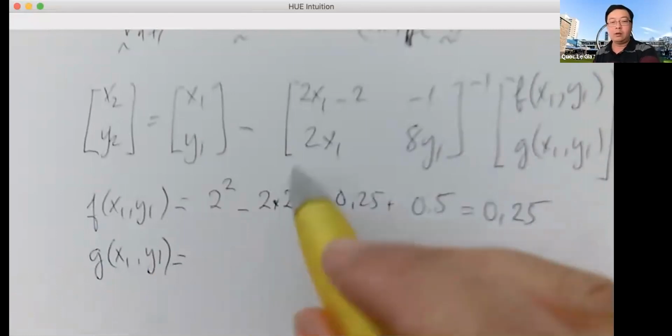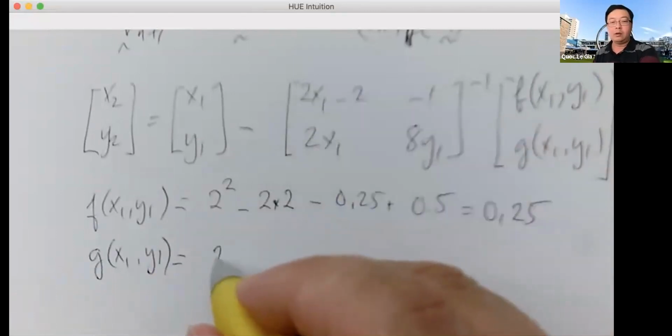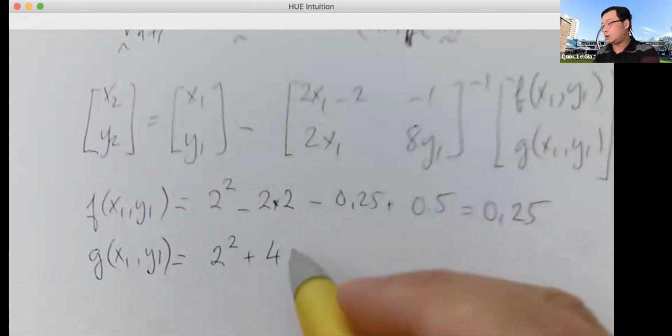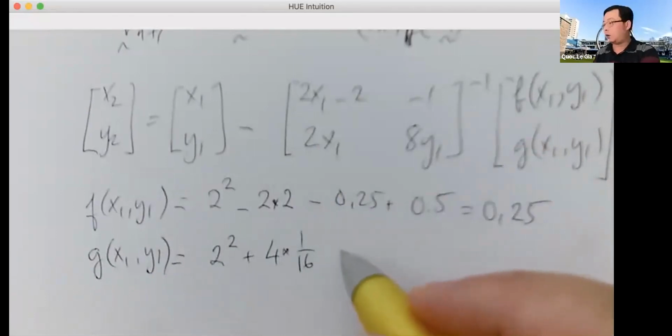Well, g will be your 2 squared plus 4 times 1 over 16, minus 4.